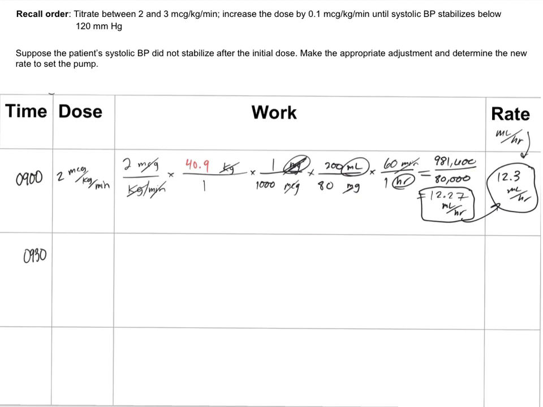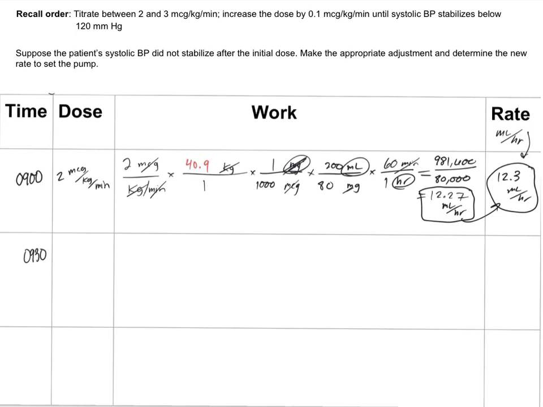So now we need to recall the order we just completed. We're titrating between 2 and 3 micrograms per kilogram per minute, and we're to increase the dose by 0.1 micrograms per kilogram per minute until the patient stabilizes. We are told here we are to assume that the patient's systolic blood pressure did not stabilize after that initial dose. So what we need to do is to make an adjustment. What is that adjustment?